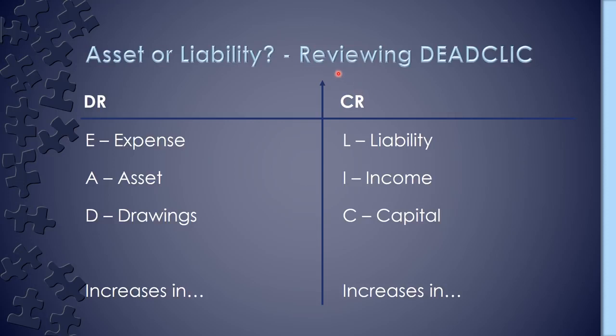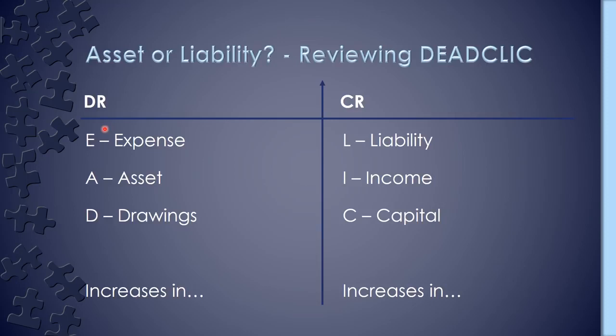So this was a really key point for me. This little arrow up here, very small, but it made the world of difference when I was trying to remember how to apply DeadClick. And I'm sure the majority of you out there are going to have struggled at some point just getting your head around, oh, what side does this go on? So why don't you give it a try? It may just help.